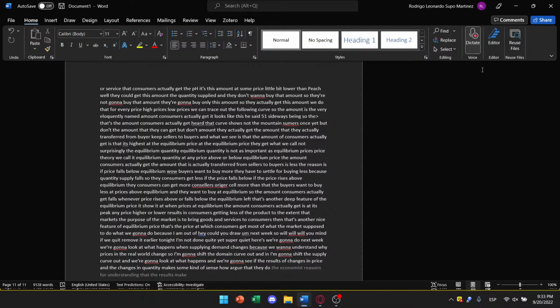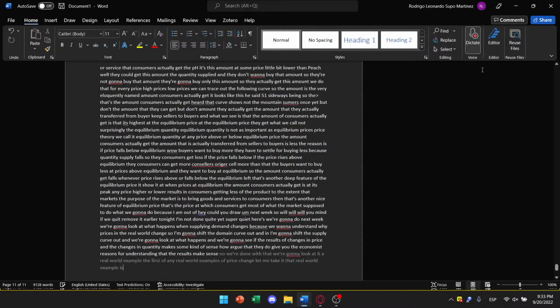Then when we're done with that, we're going to look at a real-world example, the first of many real-world examples of price changes. Let me tell you what that example is, so I don't have to waste so much time next week going over it. We're actually very fortunate this fall. As you probably know, this has been an unusually mild hurricane season.